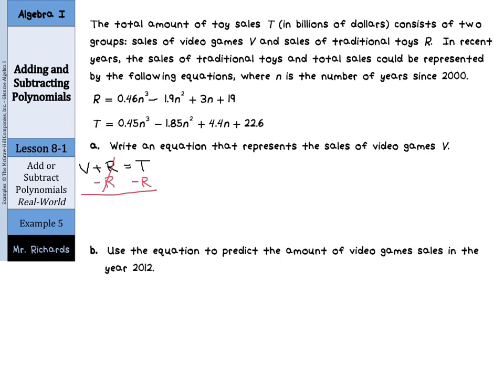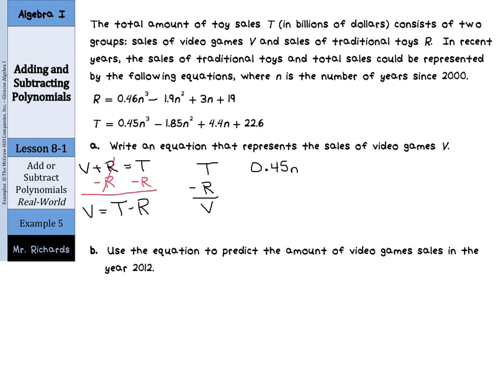And we're going to end up with video games is going to equal the total sales, T, minus R. So now we can take our T, subtract R, and that's going to be V.